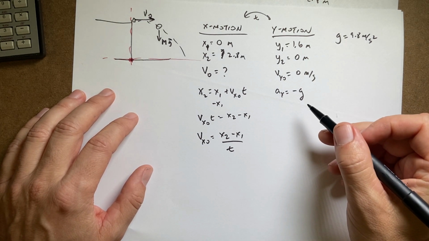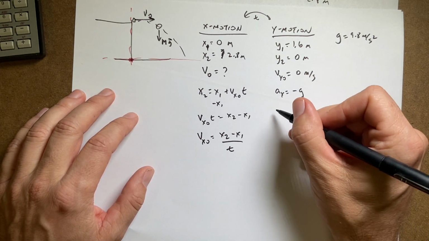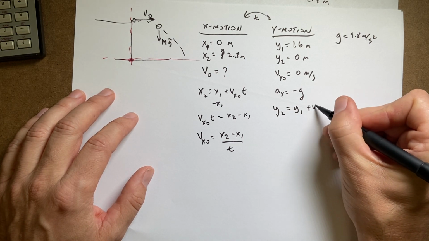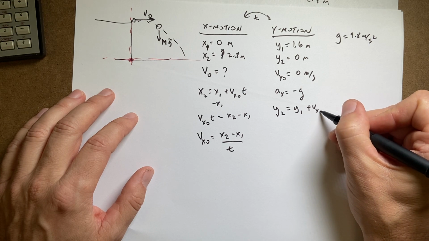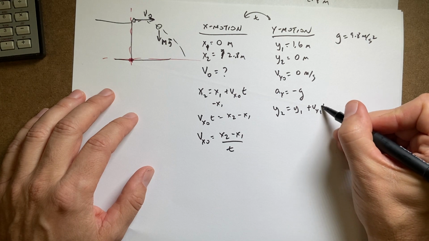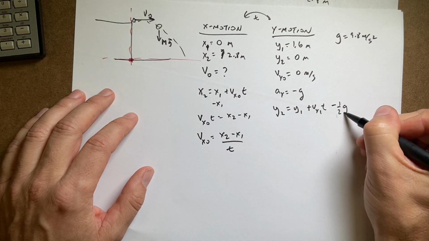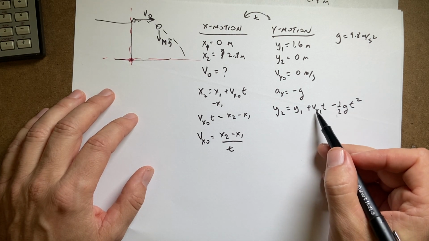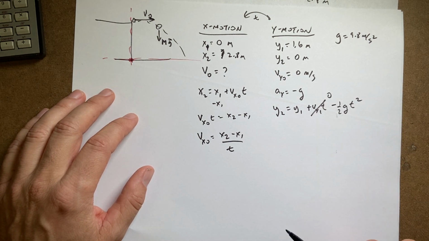For the y direction, since I have an acceleration, I can use the following kinematic equation: y2 equals y1 plus vy1, which I call 0, times t, minus 1/2 g t squared. So I know that's 0, so this makes it a little bit easier.